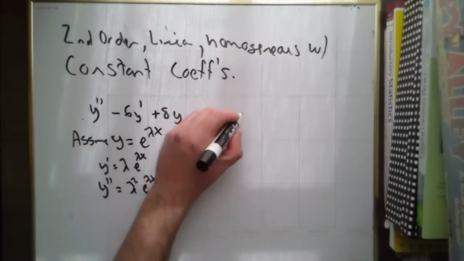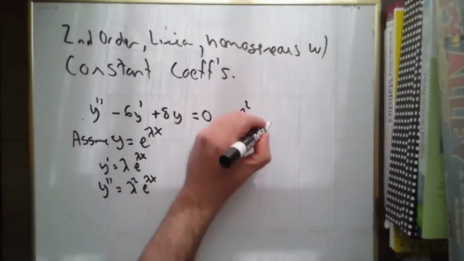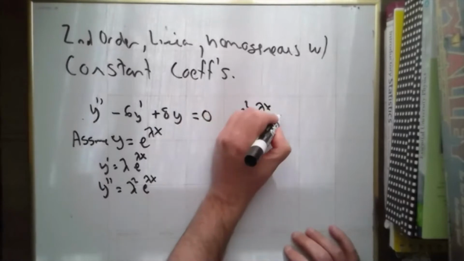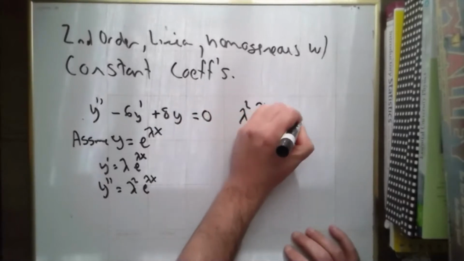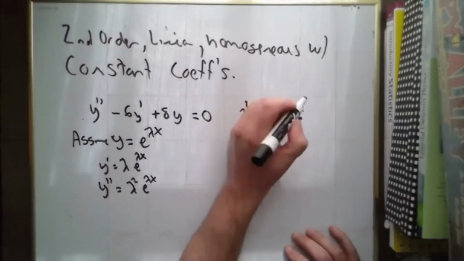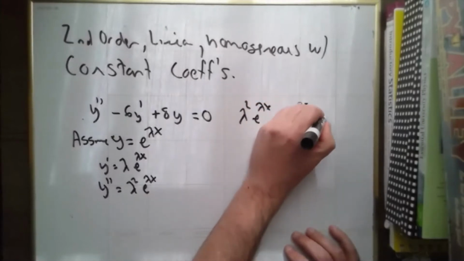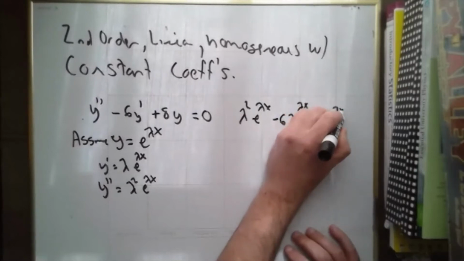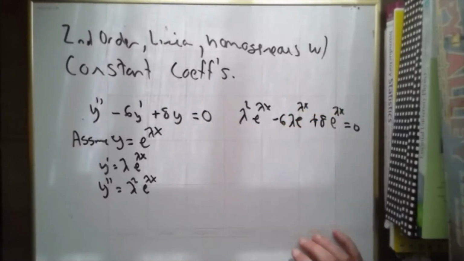So plugging all that in, we'll get lambda squared e to the lambda x minus 6 lambda e to the lambda x, and then 8 times the original equals 0.